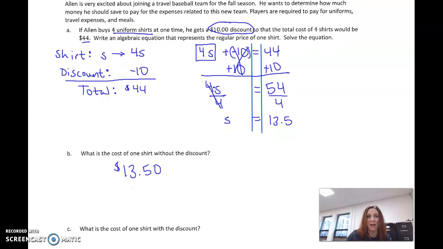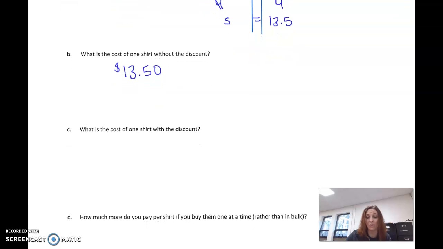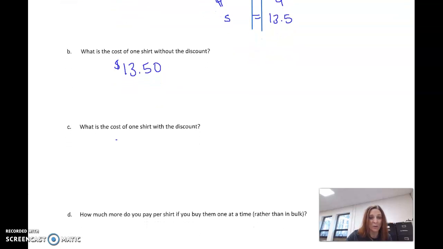Now remember, he spent a total of $44. So 4 times whatever the cost of the shirt is equals $44, what he spent. So again, we just have this one-step equation. It's multiplying, so we divide, and we get the cost of one shirt is $11 with the discount. Without the discount, it was $13.50. With the discount, it's $11.